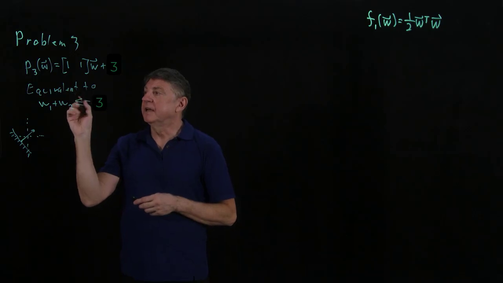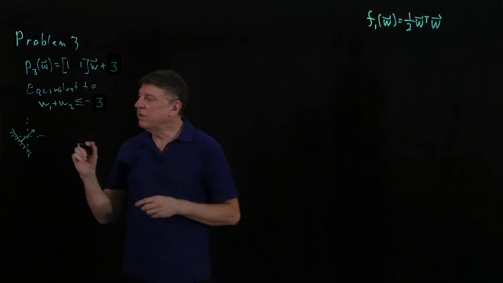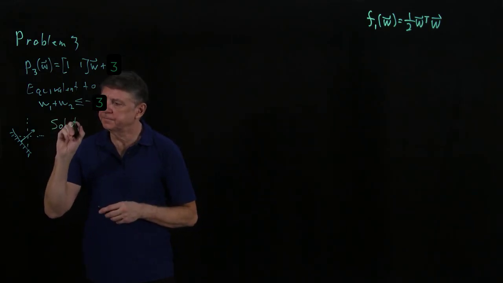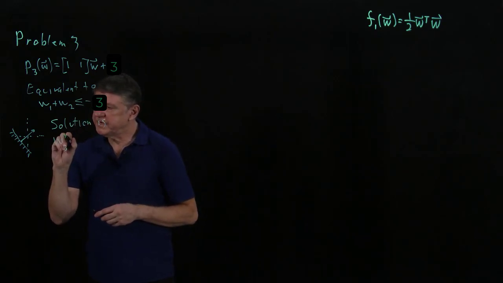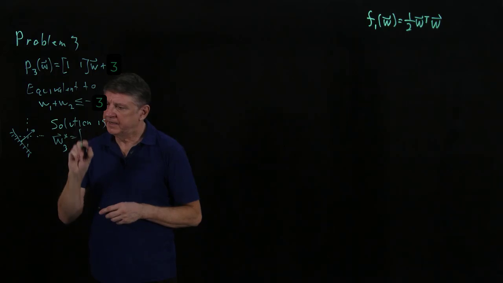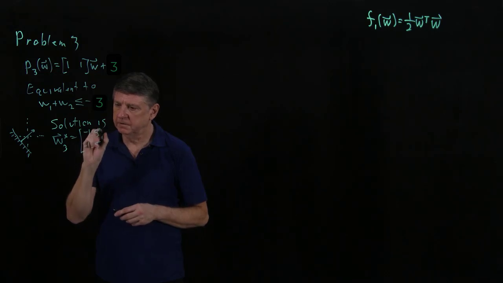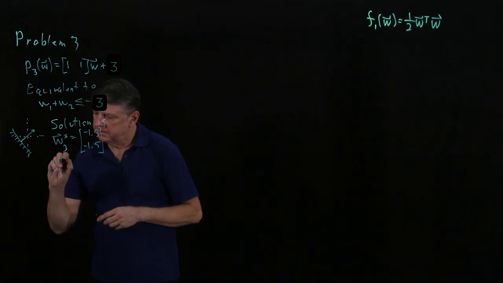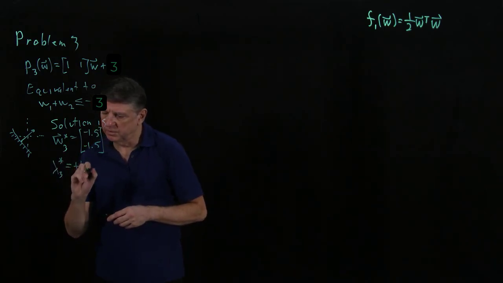That means we want W1 plus W2 equal to 5, and when we do that, our solution, W3 optimal, is minus 1.5, minus 1.5, and for this, the Lagrange multiplier works out to be plus 1.5.